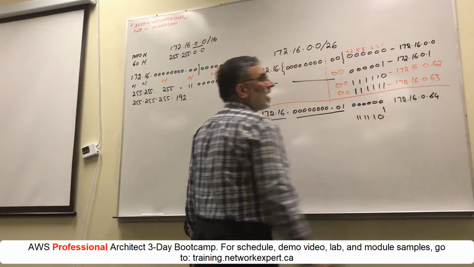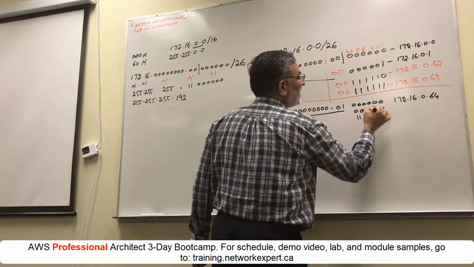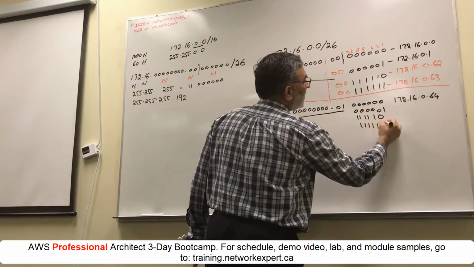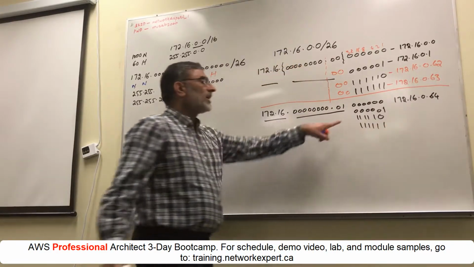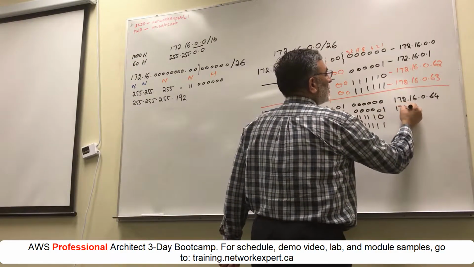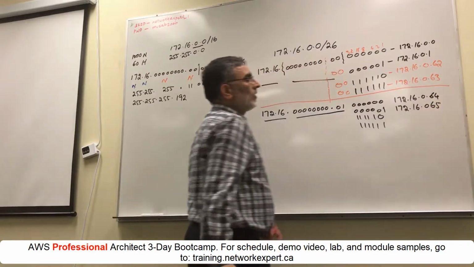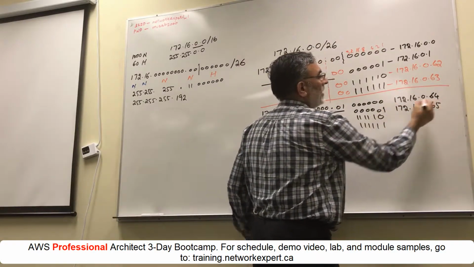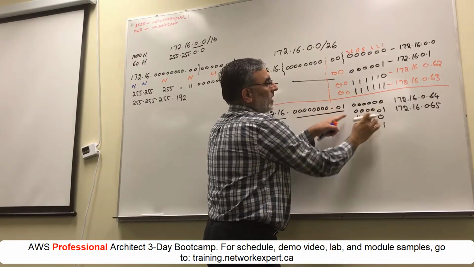All ones, 1, 2, 3, 4, 5, with the last 0 is the last valid IP address. And all ones, 1, 2, 3, 4, 5, 6, is the broadcast address for this subnet. So if we change it into decimal, it will be 172.16.0.65 now, because 64 plus 1.